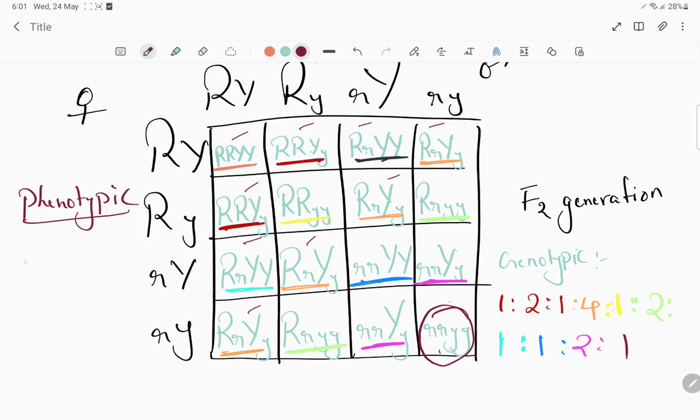So all 9 are round and yellow. Then 1, 2, 3: 3 are round and green.